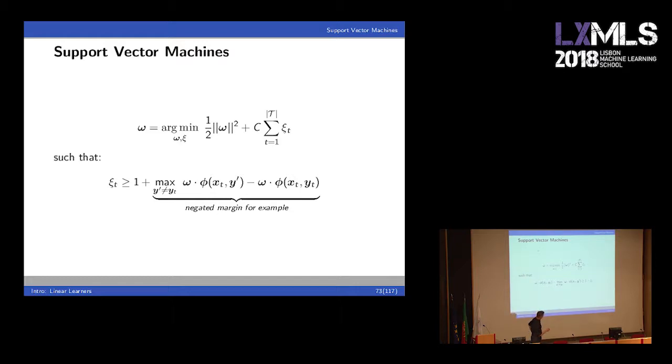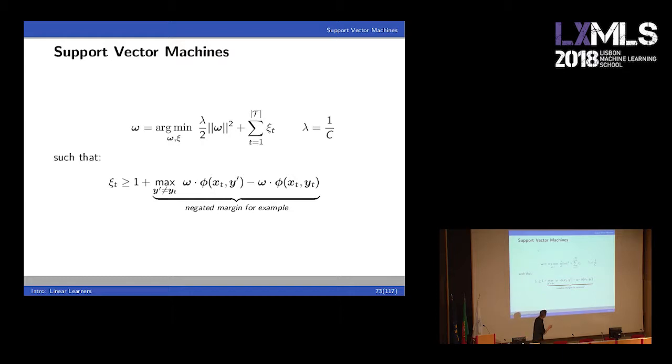So we can express this in terms of xi. We can say xi is greater than 1 plus the negated margin, maximum score for the prediction minus score for the gold standard. Then we can plug this in here.